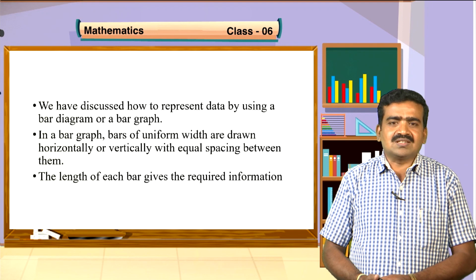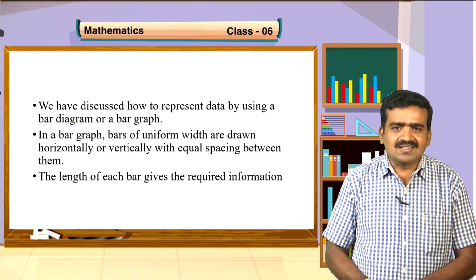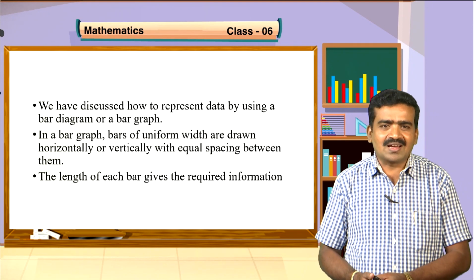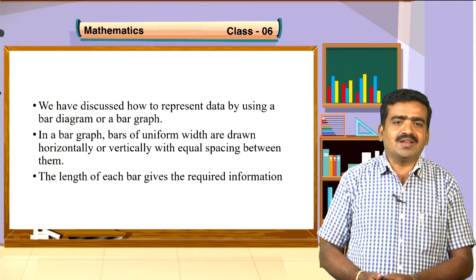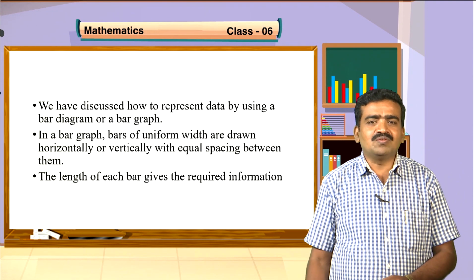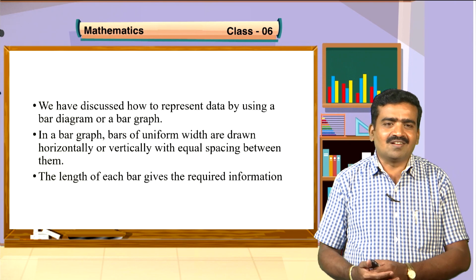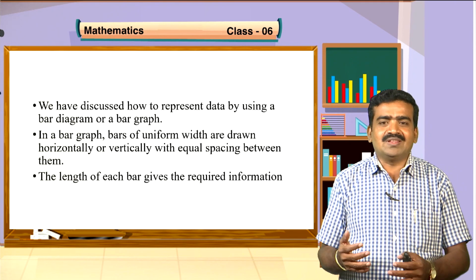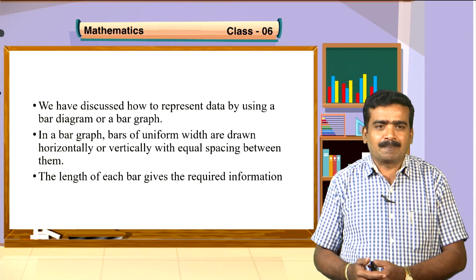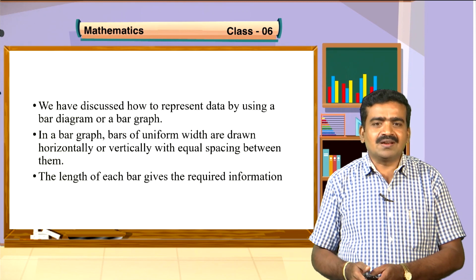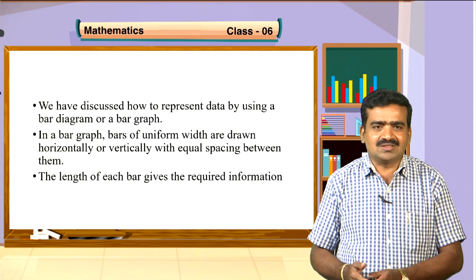We have discussed how to represent data by using a bar diagram or a bar graph. In a bar graph, bars of uniform width are drawn horizontally or vertically with equal spacing between them. The length of each bar gives the required information.